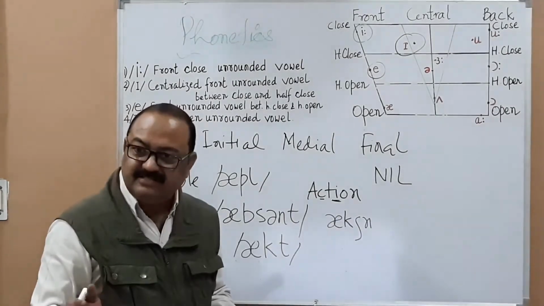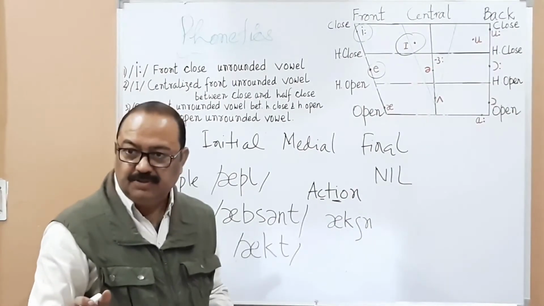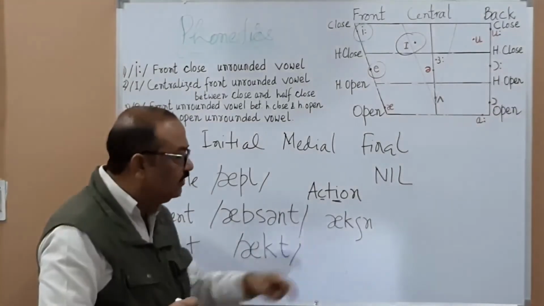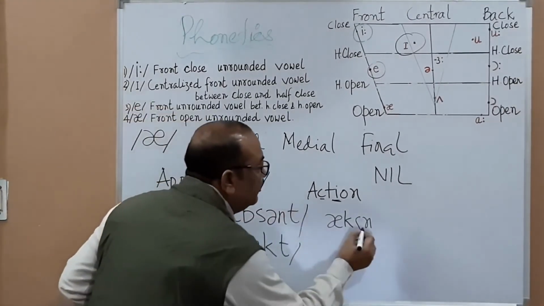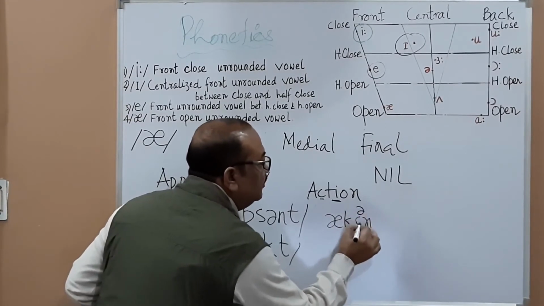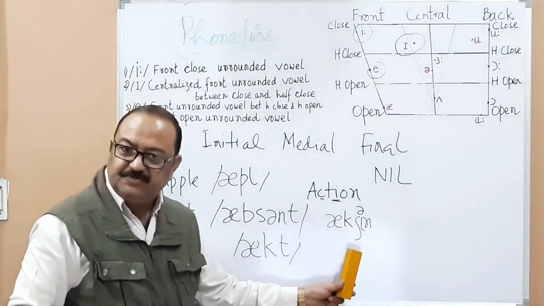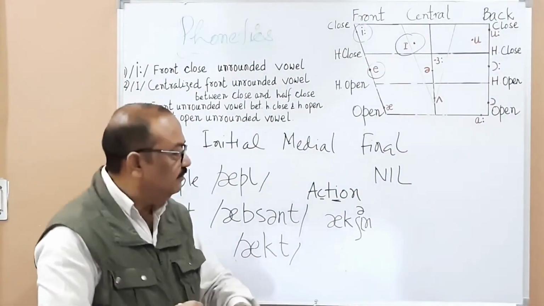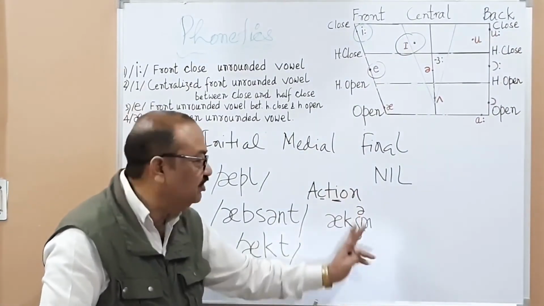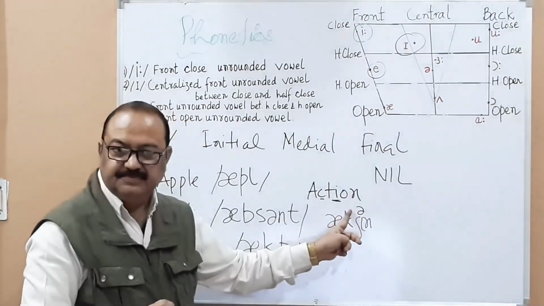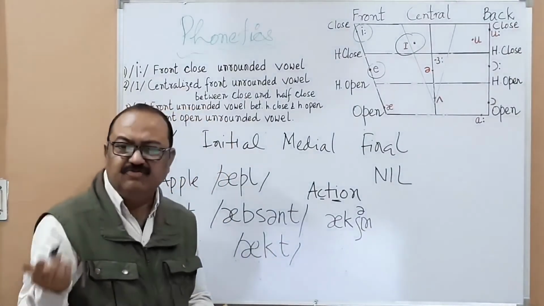Mutton, button, cotton, bottle, this is how. You don't have an R sound in between, but Americans would put an R sound in between here. English speakers say it without. After the sh sound, the n sound comes rapidly. There is no gap in between for this sound. Okay.